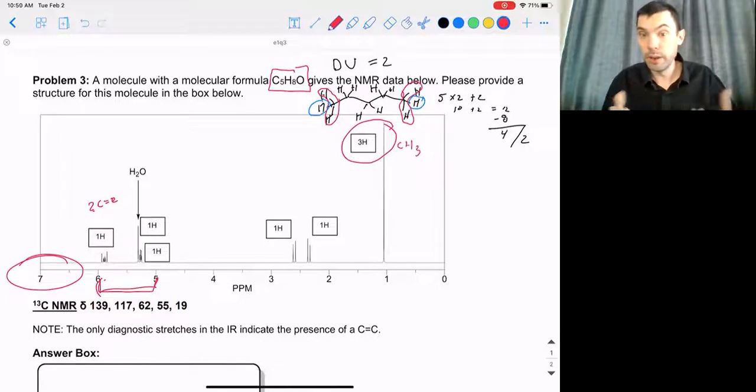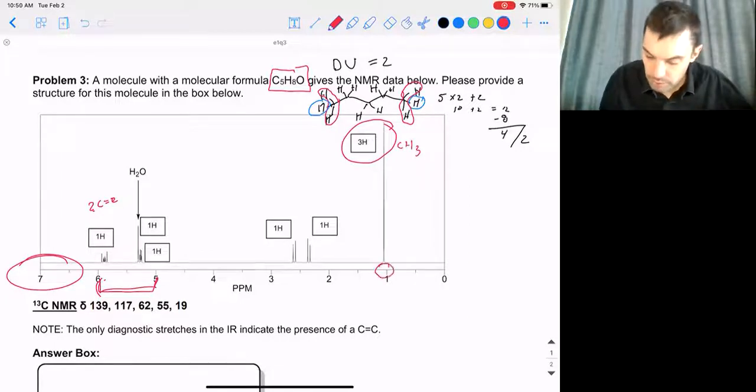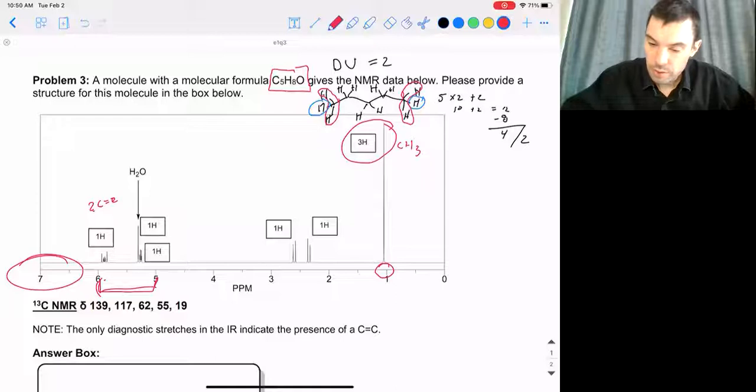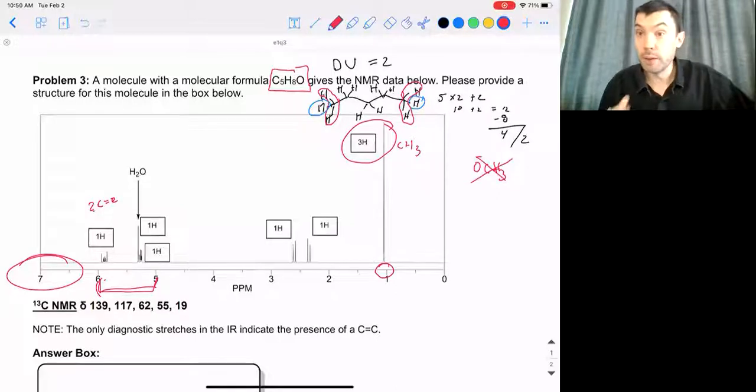There's really no other way to give a singlet for 3. And because I'm at 1 ppm or just above 1 ppm for that, then it has to be something that is all carbon containing, so my oxygen can't be coupled to that, and so we can immediately exclude a methyl ether from our equation based on the chemical shift of that methyl peak.